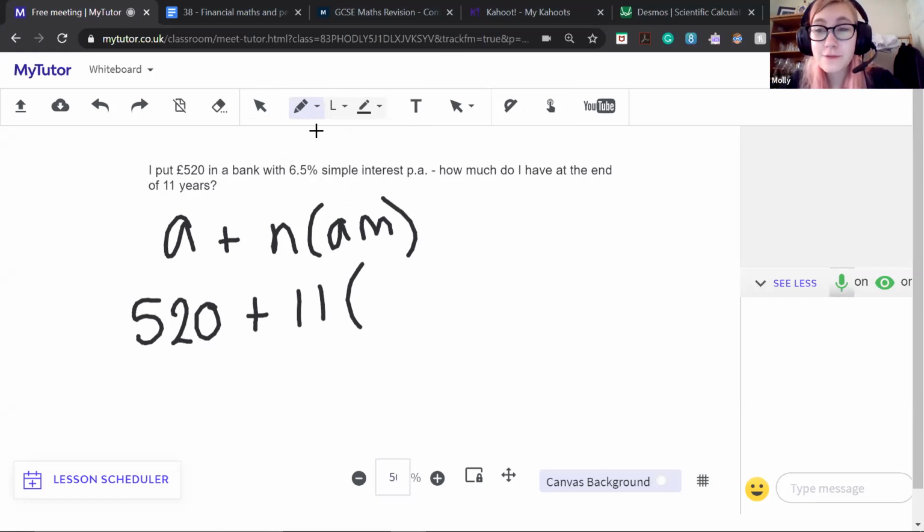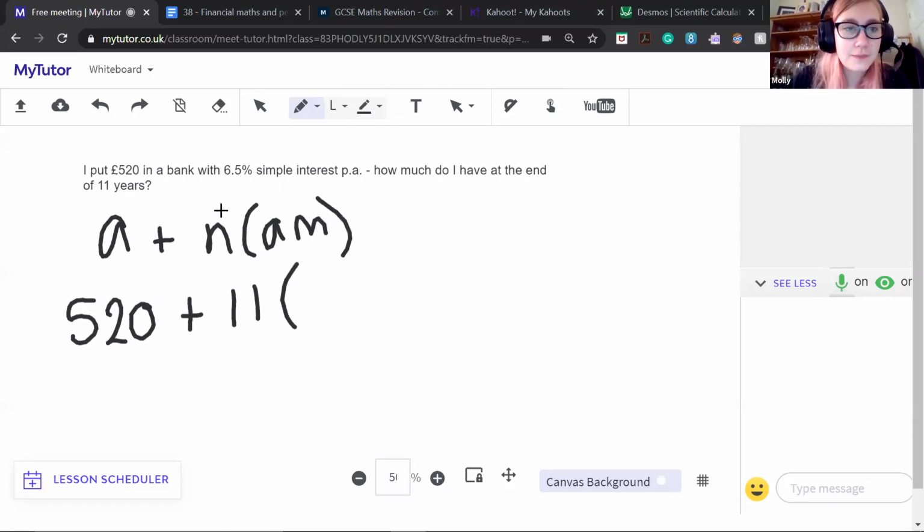So to find 6.5%, we can either find 1%. So let me show you how to do this non-calculator. So we could find 1%, which is just dividing it by 100. So £5.20. And then we can find 6% by just multiplying that by 6.